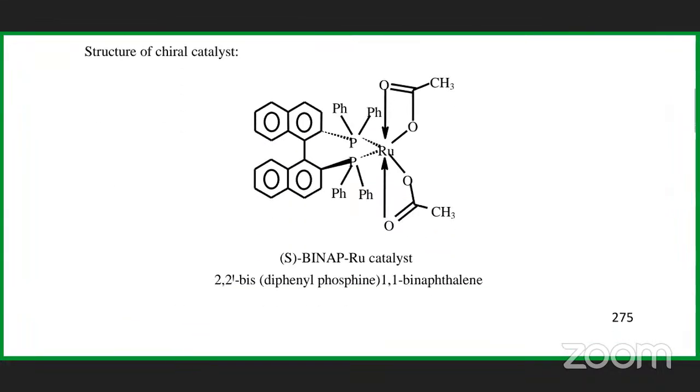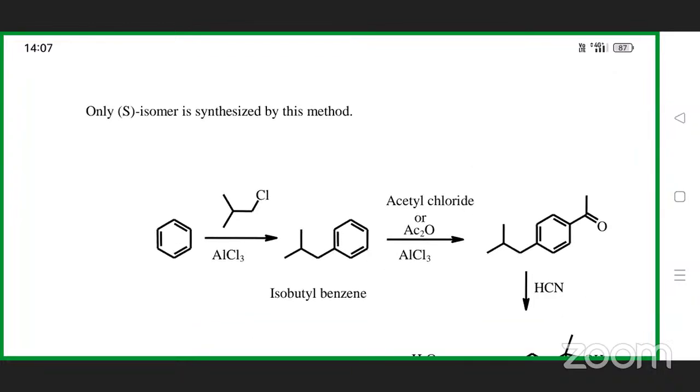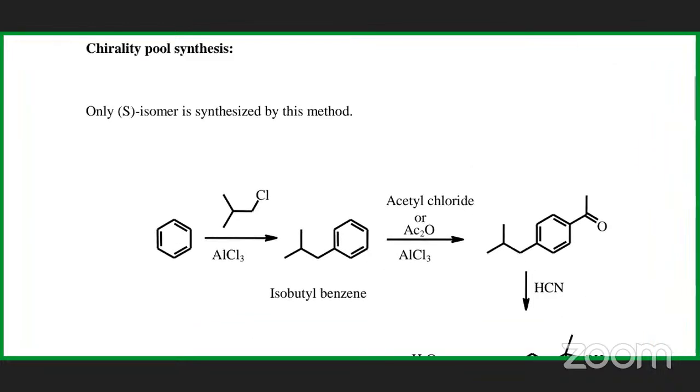And in this synthesis, the same steps are involved, where the first step is the Friedel-Crafts alkylation reaction. Then the isobutyl chloride attaches to your benzene, and we get isobutylbenzene. Further, we undergo the Friedel-Crafts acylation reaction with acetic anhydride, again an electrophilic substitution reaction.